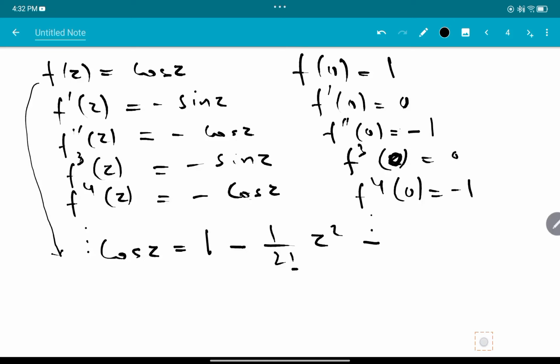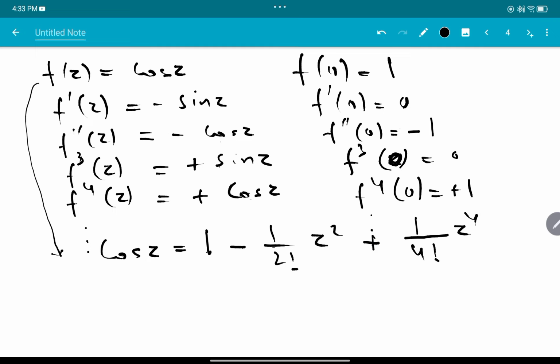Then again minus 1 by 4 factorial z to the 4, and so on. I think you should check this sign here. Somehow I suspect that it should be positive: first positive, then negative, then third positive. Let us go from cos z: that is minus sin z, minus sin z goes to cos z, cos z and minus sin z. Now cos z goes to plus. Yes, so it is plus.